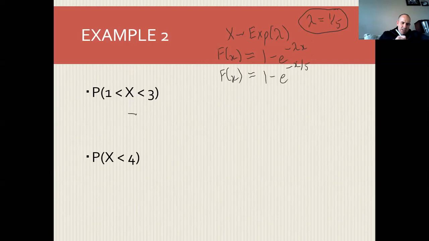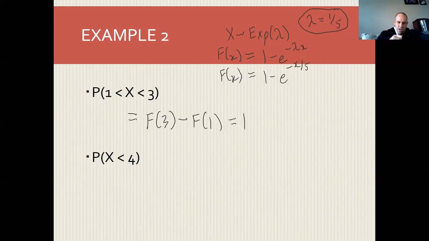So what's this probability going to be? Well, F of 3, that's the probability up to 3, but then I have to subtract off the probability below 1. So that's going to be 1 minus e to the minus 3/5. That's what I get by plugging in x equal to 3 into the CDF, minus 1 minus e to the minus 1/5, which is equal to, the ones actually cancel, surprisingly.